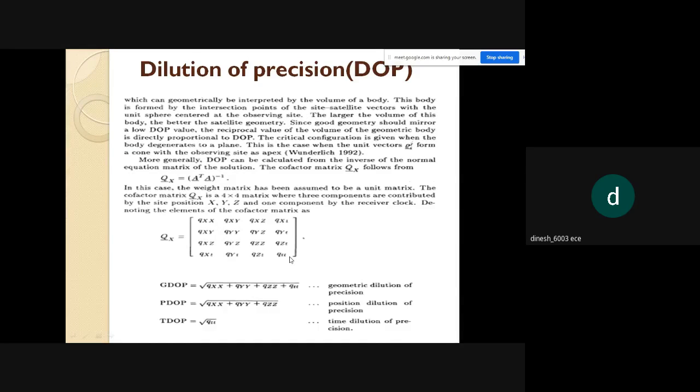Then the position dilution of precision, PDOP, is the square root of qxx, qyy and qzz, only with respect to position, so x, y, z. It is this. And with respect to time, you can find the square root of qtt, which is this. With this, you can find the DOP.